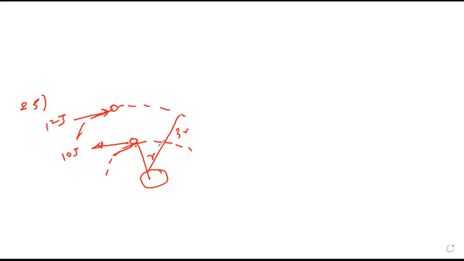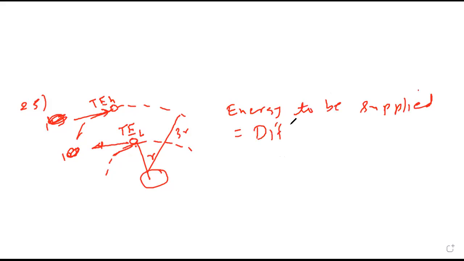That gives a hint. Whatever the total energy in the lower orbit and the total energy in the higher orbit, I should give the difference from outside. So energy to be supplied is the difference of energy in the orbits.